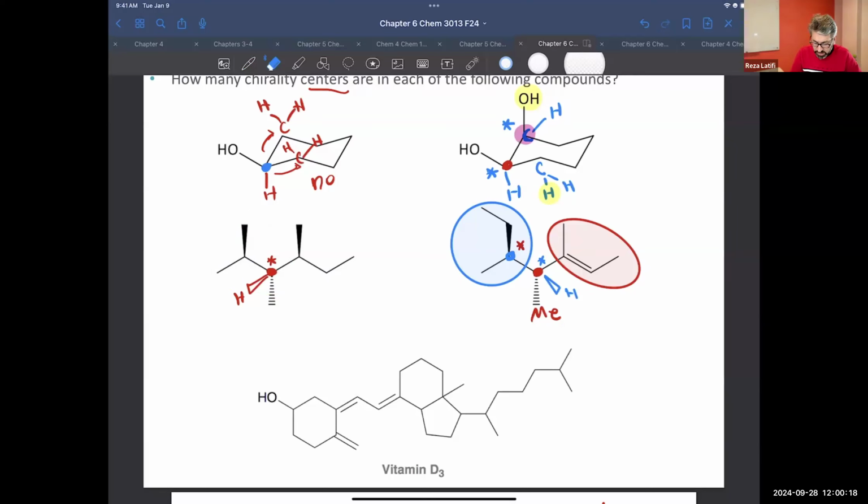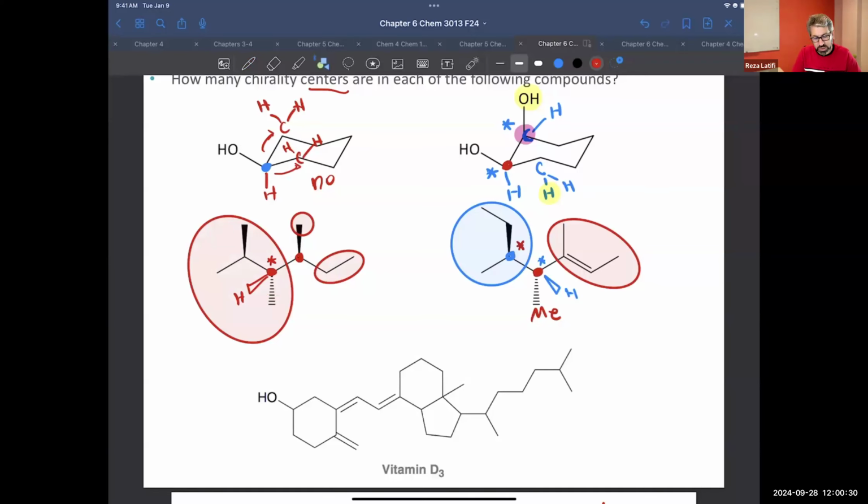Next, how about this carbon? That carbon is going to have an ethyl, methyl, and the entire rest of this substituent attached to it, and also hydrogen at the back of the molecule. So that one also is a stereocenter.